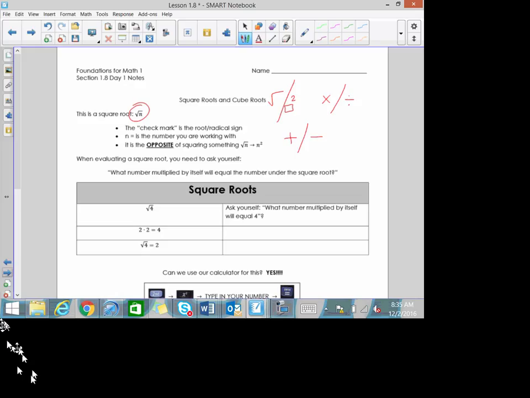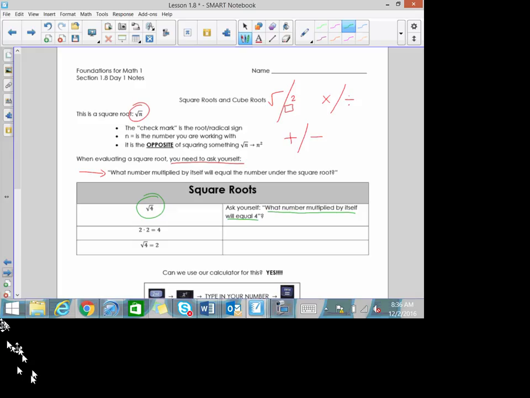Basically, when evaluating square roots, you need to ask yourself this question: what number multiplied by itself will equal the number under the square root? Here's an example: the square root of 4. What number multiplied by itself will equal 4?